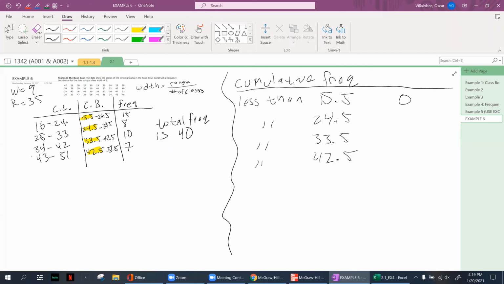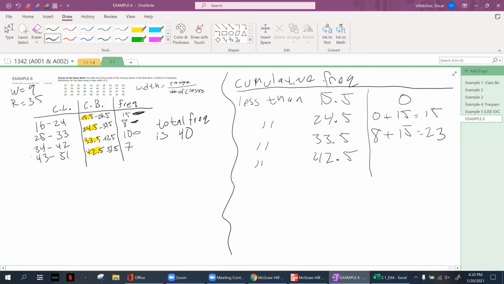Anything less than 24.5, well, I know what that's going to be. That's going to be the previous value, 0, plus the amount here, 15. So that's going to be 15. Anything less than 33.5 is going to be 8 plus the previous value, 8 plus 15, which is 23.